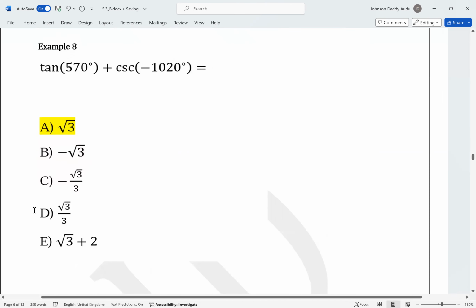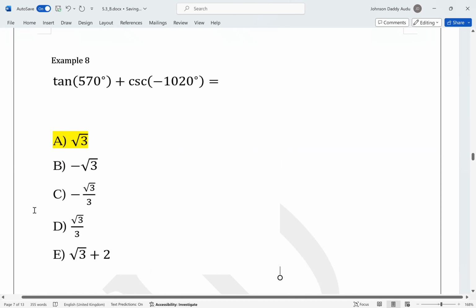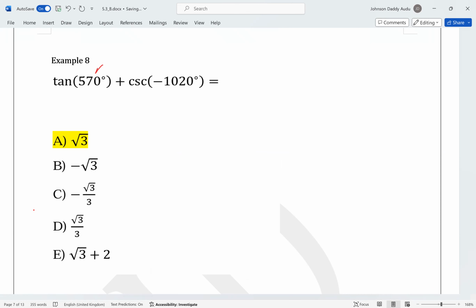Here, we're going to use the reference angle theorem. To answer this one, you start with this angle. This angle here is already bigger than 360. So the first thing we have to do is to find the coterminal, right? And what will be the coterminal here?